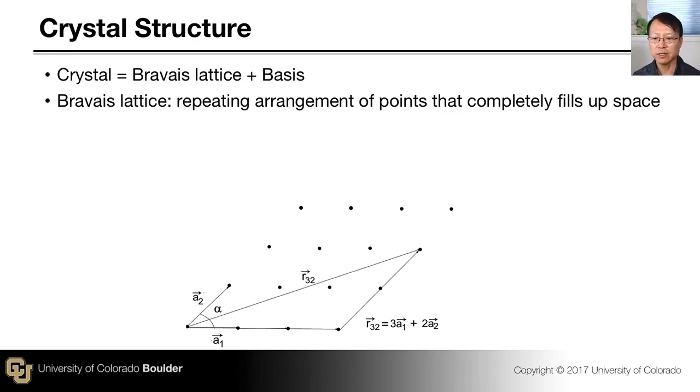Alternatively, you can think of it as a repeating arrangement of tiles of different shape that completely fill up space. So in the example shown in the figure below, you have an arrangement of these dots. Each dot represents a lattice point, and they are in a regular, repeating pattern, and they completely fill up space, two-dimensional space. So this is an example of a two-dimensional Bravais lattice.